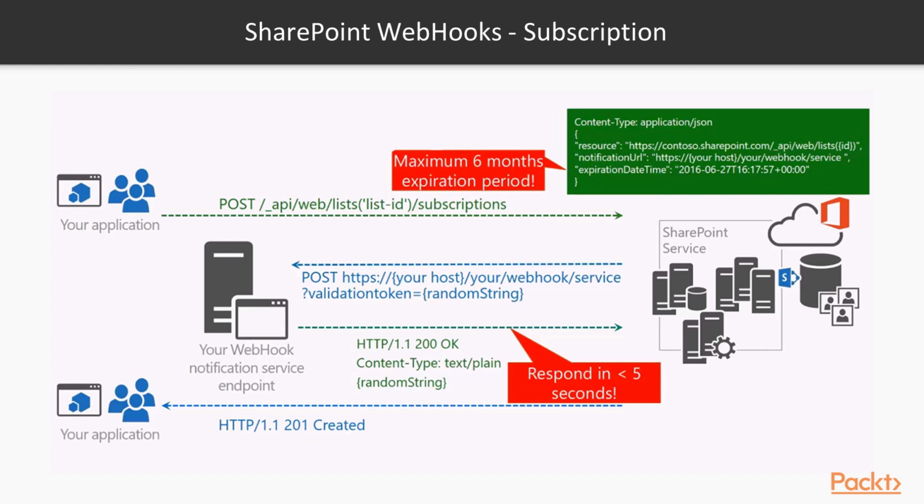Now, the SharePoint service doesn't want to allow anything to subscribe to it, and it instantly validates our endpoint, whether it is alive or not, and provides a certain random GUID in the validation token URL parameter, to which our endpoint must respond with an HTTP OK containing that same random string, which was the value of the validation token URL parameter here, and the response must be sent in under 5 seconds.